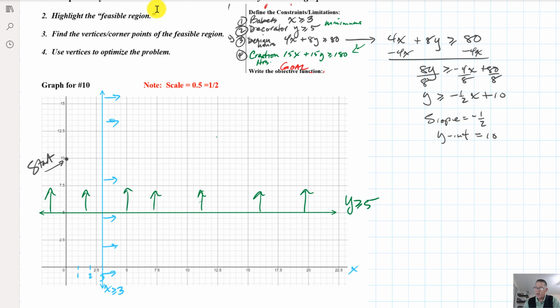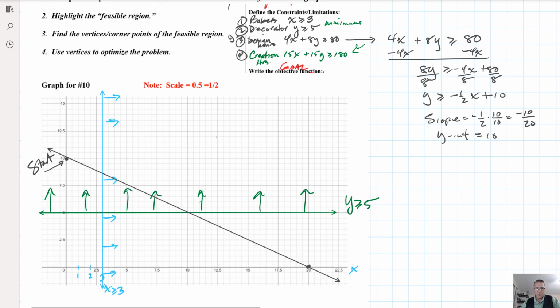And now, if I multiply this by 10 tenths, I'm going to go down 10, right 20, just to make it easy. So I'm starting at 10, so I'm going to go down 10, right 20. Right there. Look how easy that was. We talk about doing that in class all the time. In the past few days when we've been working on these problems, you can adjust your slope and make it look like anything you want.